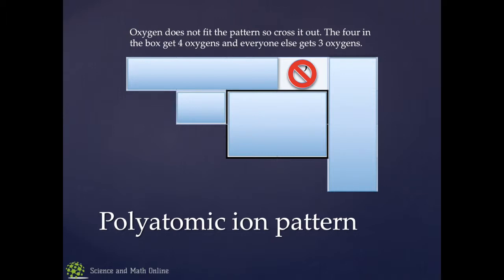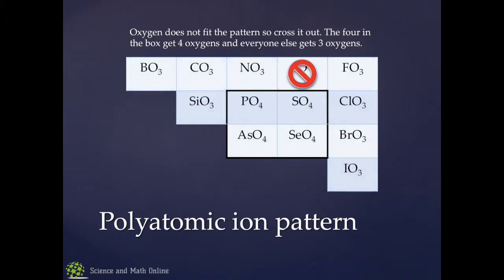Notice there's a big bold box right here. That big bold box, everybody in the box gets 4 oxygens. Everyone else gets 3. So all of those guys get 4 oxygens written with them, and everybody else gets 3 oxygens written with them.